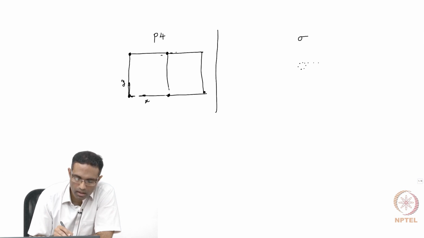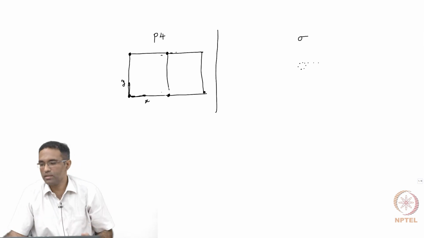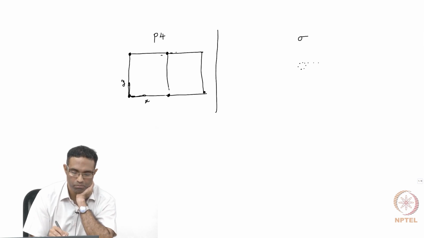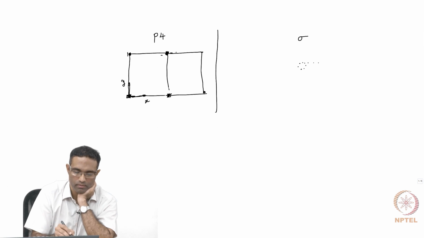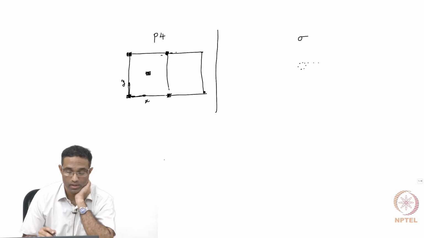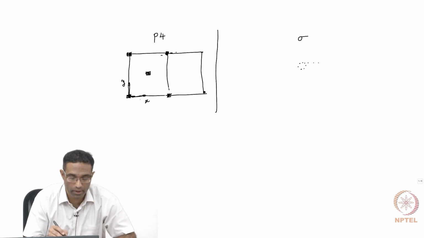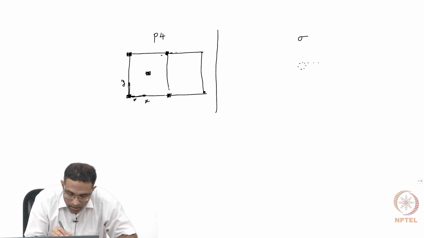let us take our 2D crystal which has P4, and so there is a fourfold symmetry passing through this point. I take an arbitrary general point x, y.